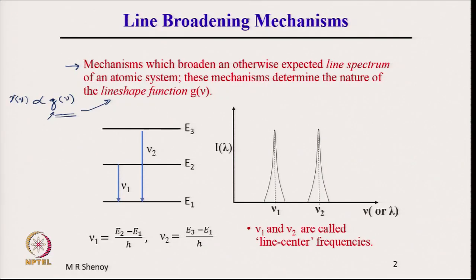And therefore, let us look at this. We will try to understand this definition which I have written here: mechanisms which broaden an otherwise expected line spectrum of an atomic system.